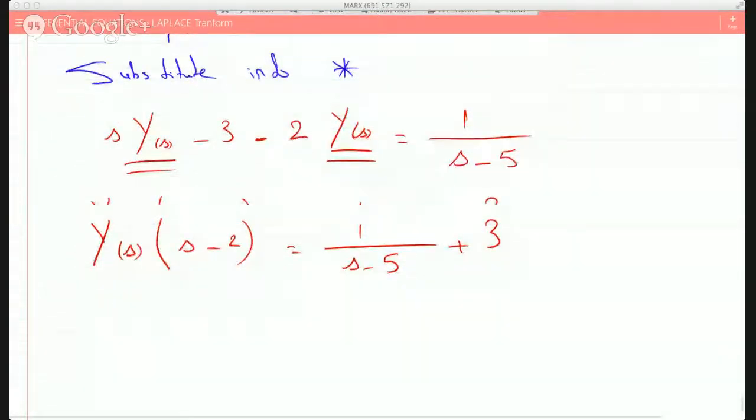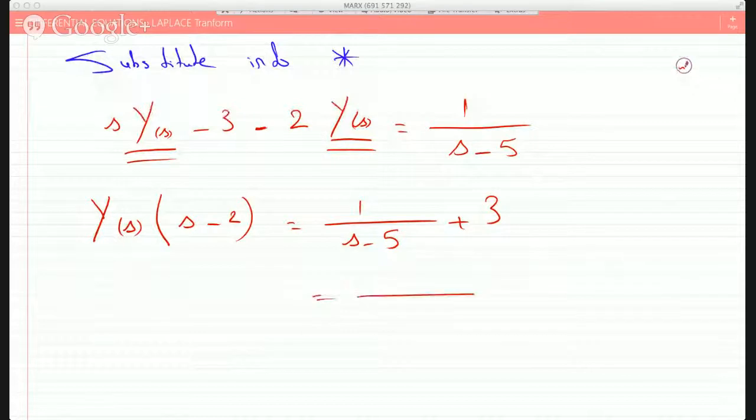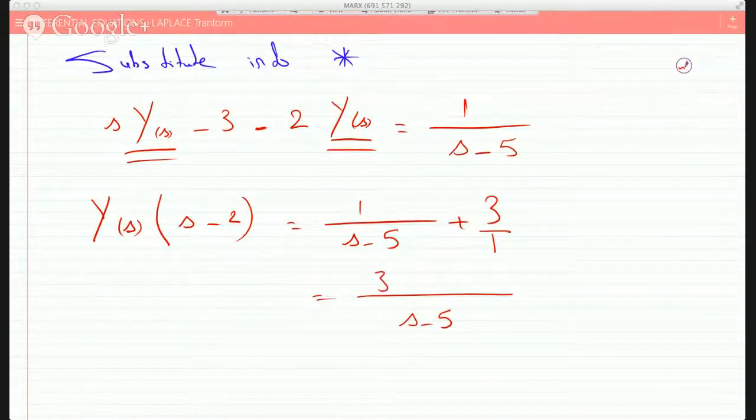Now I'm going to take a common denominator between these two. So this is s minus 5. This 3 multiplies the s minus 5, because this is 3 over 1. So simple algebra here. This becomes 3s minus 15 plus 1, which will be minus 14. You agree?